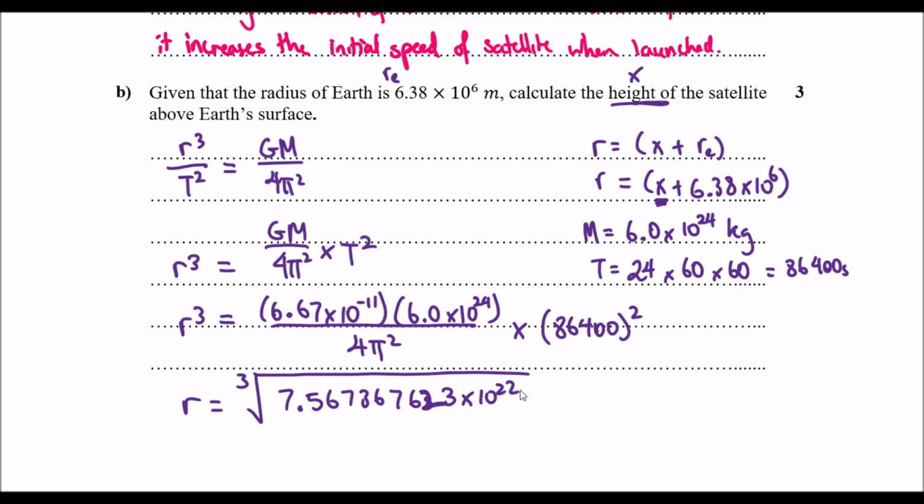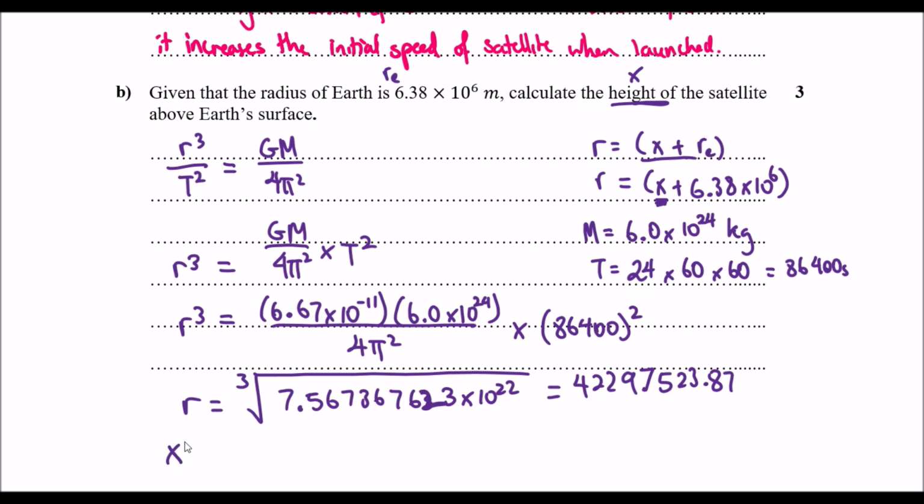So when I cube root that value, I get 7523.87. So that's the distance covered by the height of the orbit and the radius of the Earth.